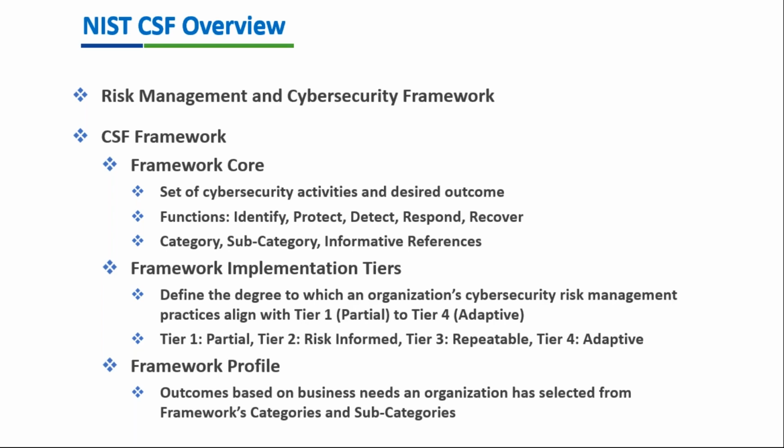These are all subcategories part of the risk management category. So tier 1 would mean partial and tier 4 would be adaptive. So the goal of an organization is to traverse from tier 1 to tier 4 to get better at that particular risk management goal or an outcome.